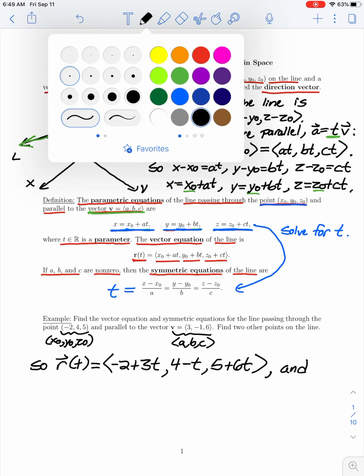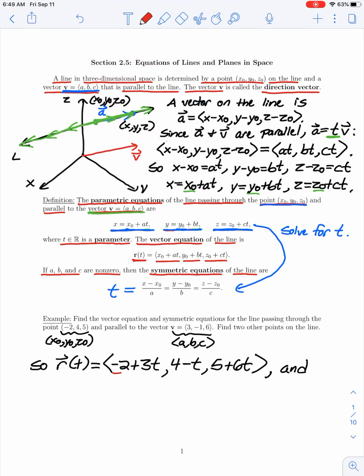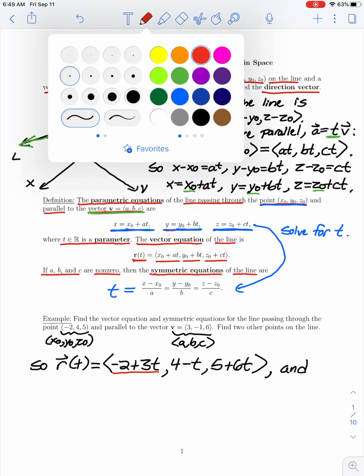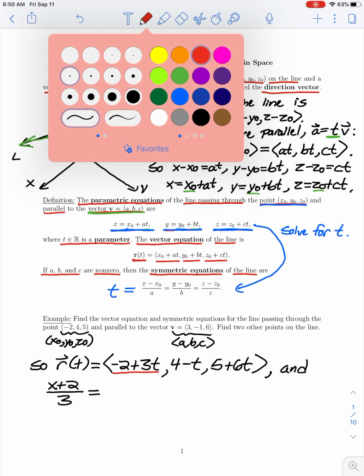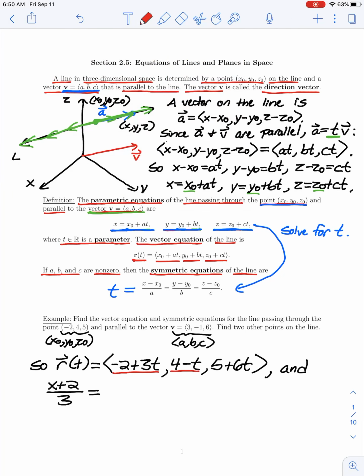If I solve this first equation for t, keeping in mind that x equals this expression, I would have t is equal to x plus 2 over 3, which has to equal whatever we get when we solve the second equation for t.